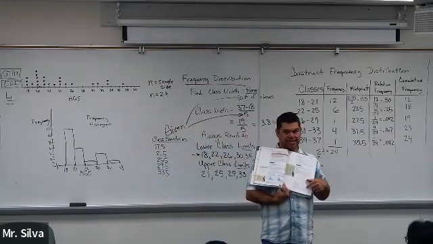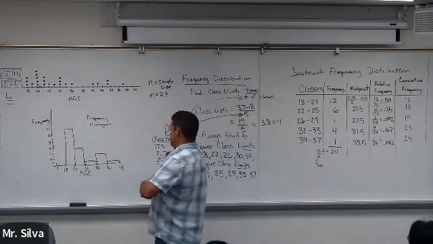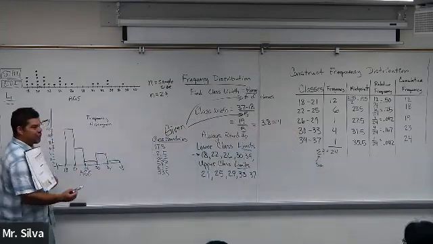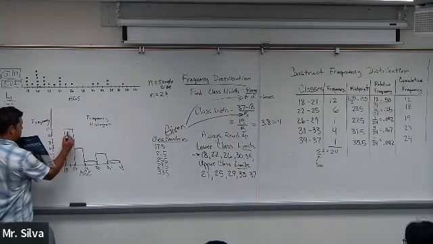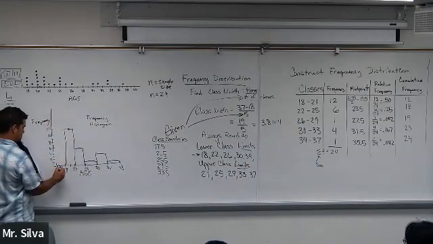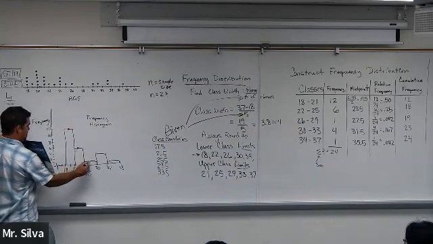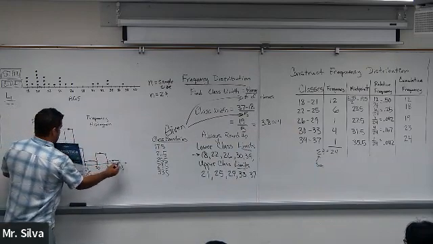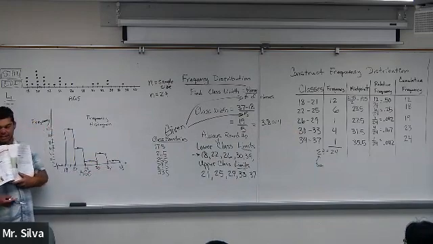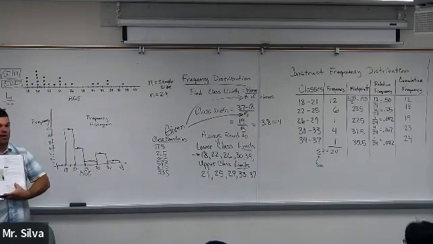Finding the halfway point is extra work. We did 19.5, that's halfway, so I'll put a dot there. I'll put a dot at the halfway point at the peak of each of those. And now we're just going to connect those dots, and that'll give me this polygon.